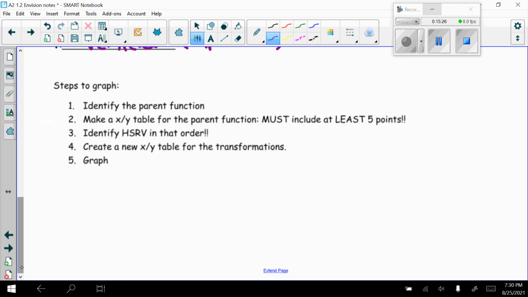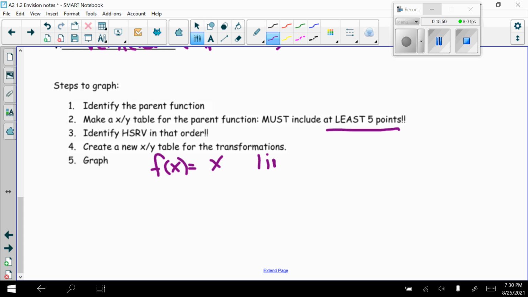Steps to graph. We want to identify the parent function. Make an XY table for the parent function. It must include at least 5 points. Identify HSRV in that order. Create a new XY table for the transformations and then graph. So let's just review some parent functions that we've talked about. f of x equals x.